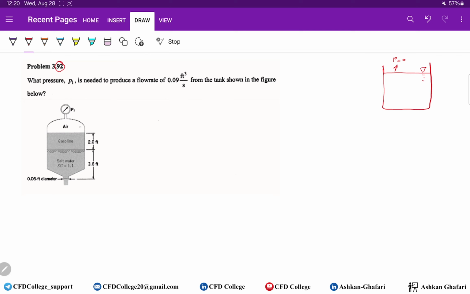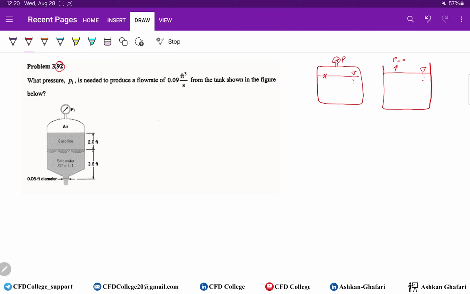But when we have a pressurized tank or closed tank, we have a pressure gauge here, and here is the free surface. The pressure on the surface of the fluid is equal to the pressure which is shown by the pressure gauge.